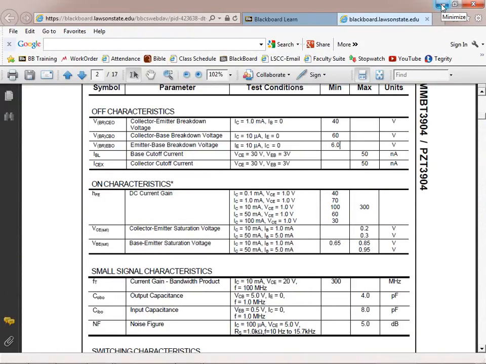The only listing we have is for DC beta, right here. HFE. I don't see an HFC. And why don't they do that? Because it's easily calculated from beta.